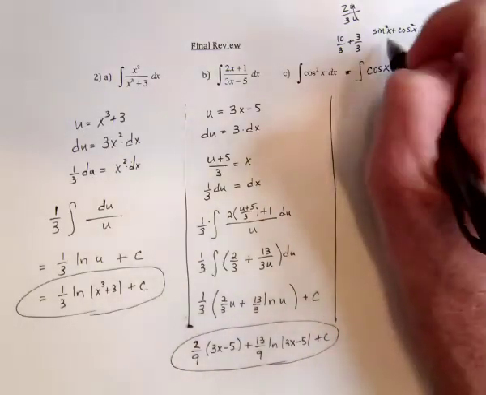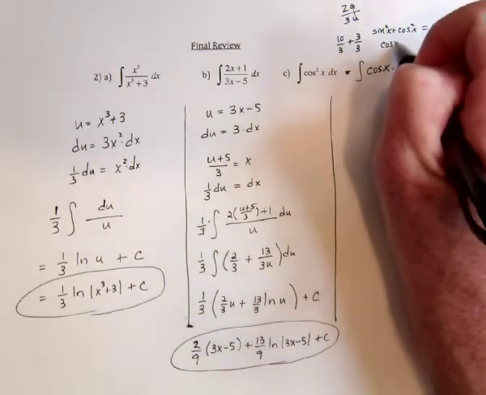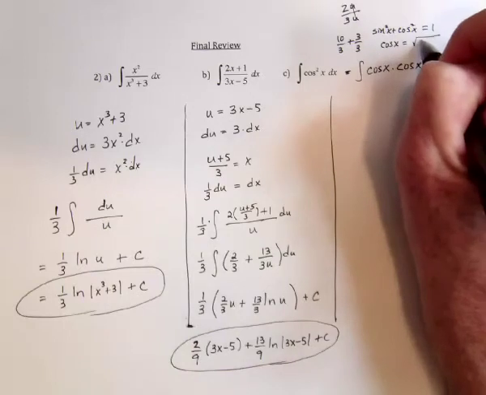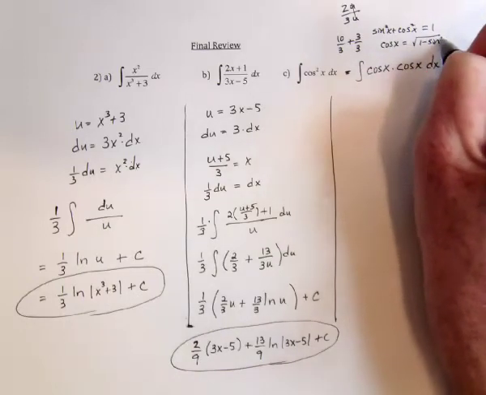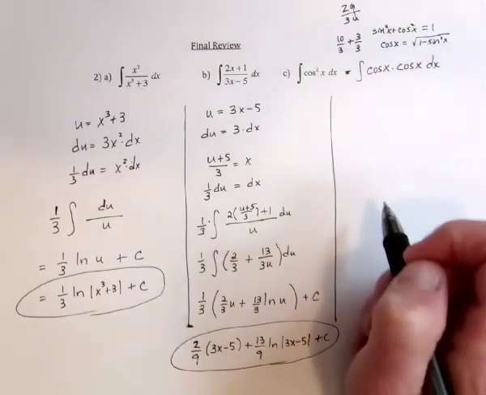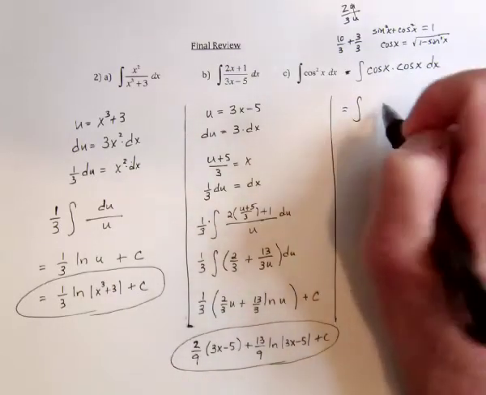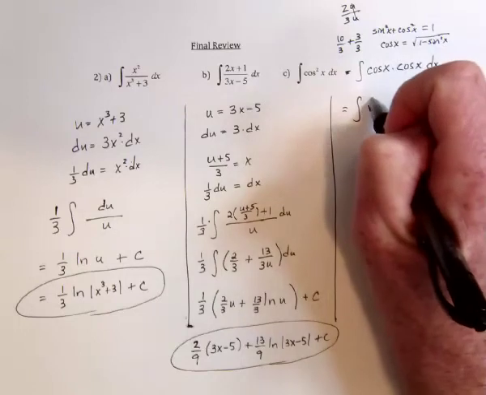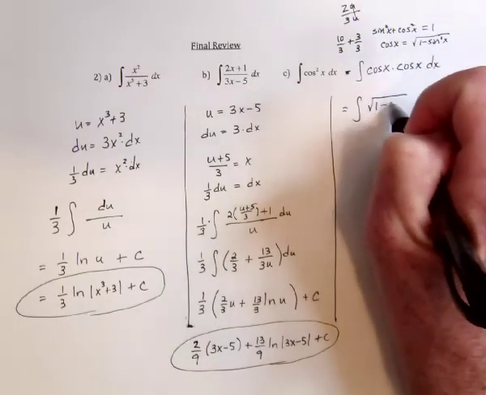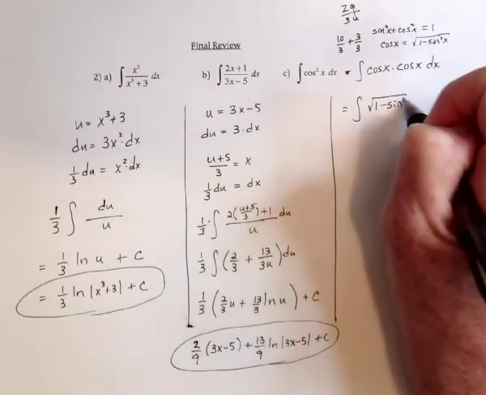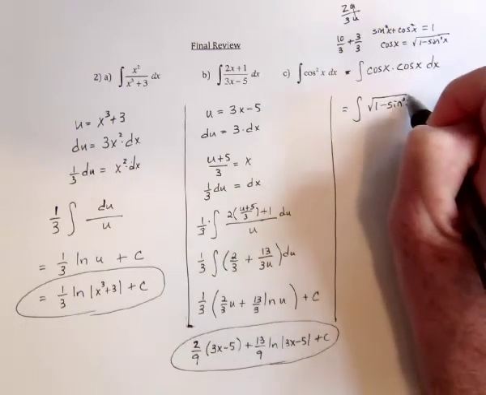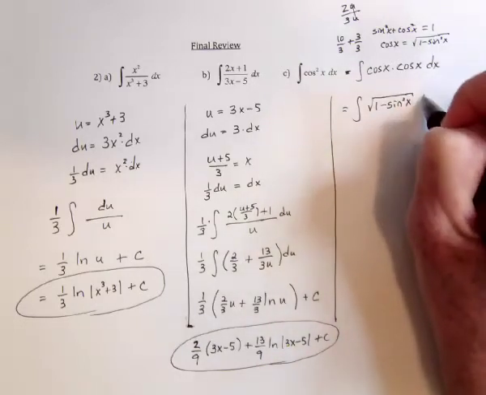And from that we can derive that cosine is equal to the square root of 1 minus sine squared. So I'll replace this one with that square root of 1 minus sine squared, and this cosine just stays there.